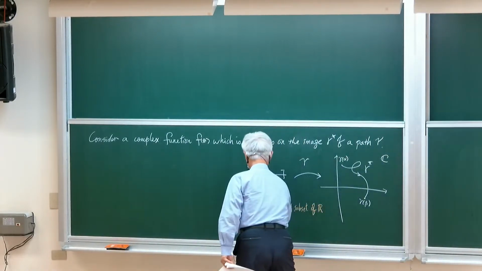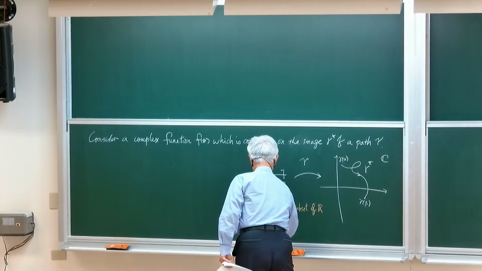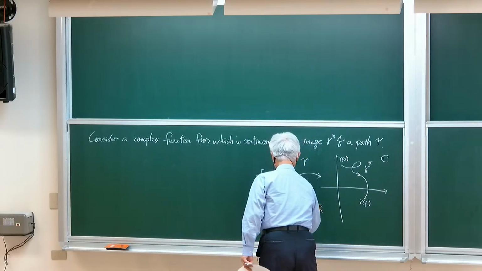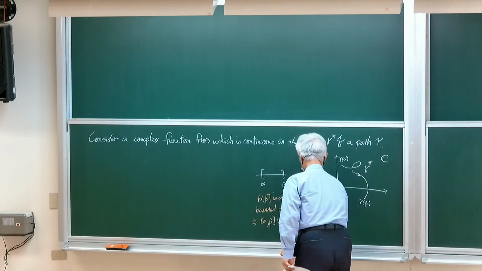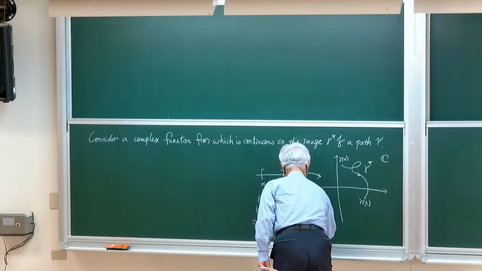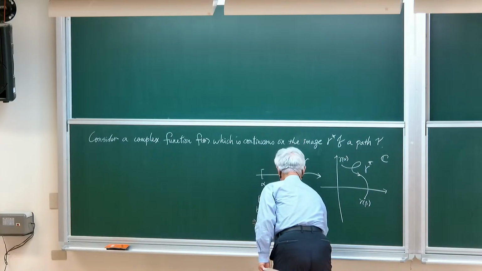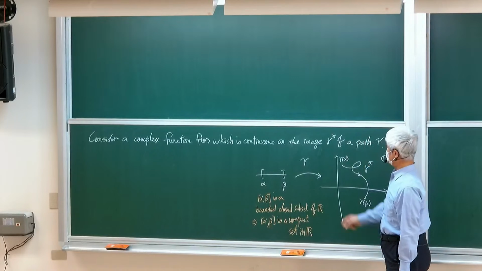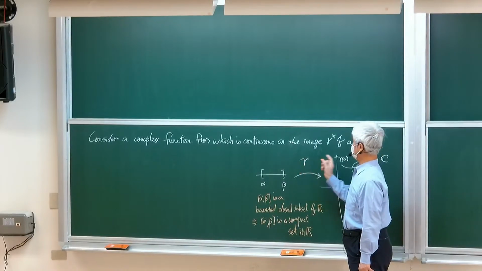So that means that this finite closed interval is a compact set in R, right?